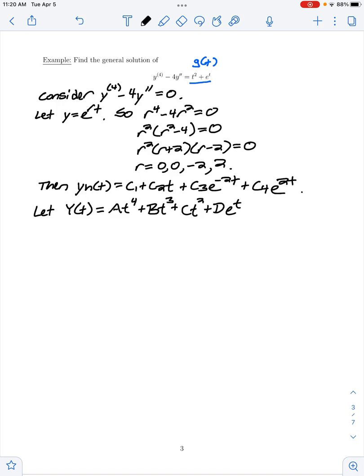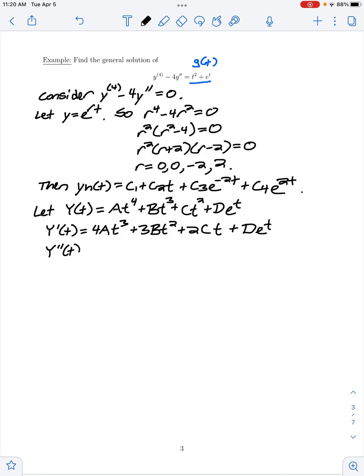And to substitute this into our non-homogeneous equation, well, since it's a fourth order equation, we're going to need our first four derivatives. So for y prime, we would have 4a t cubed plus 3b t squared plus 2c t plus d e to the t.